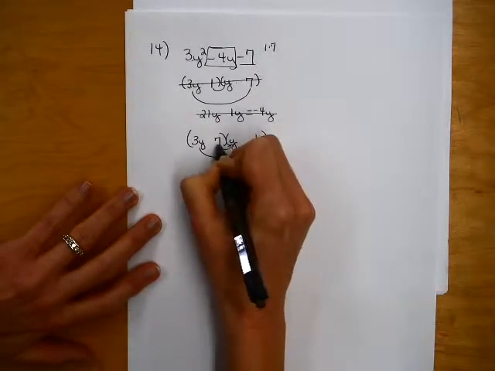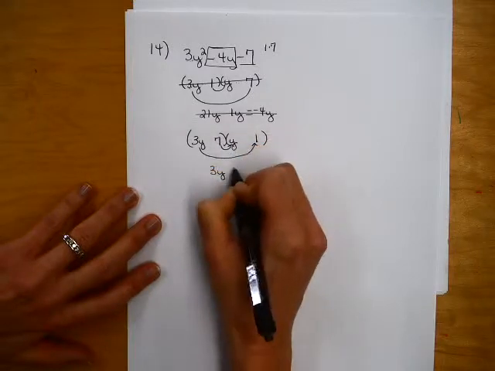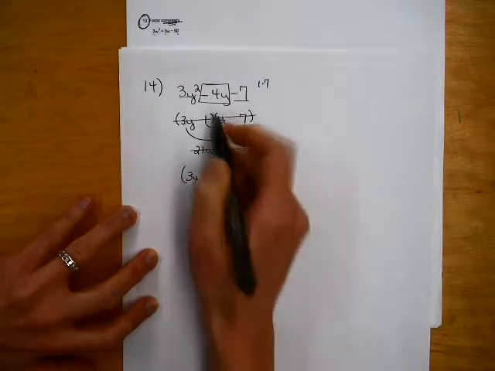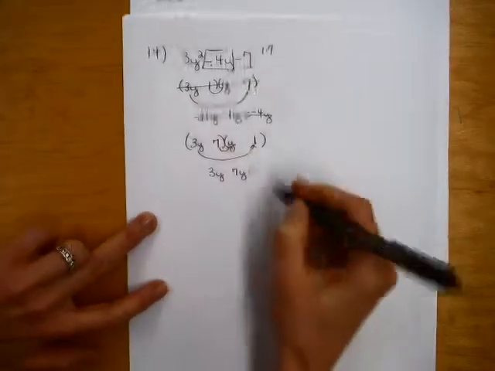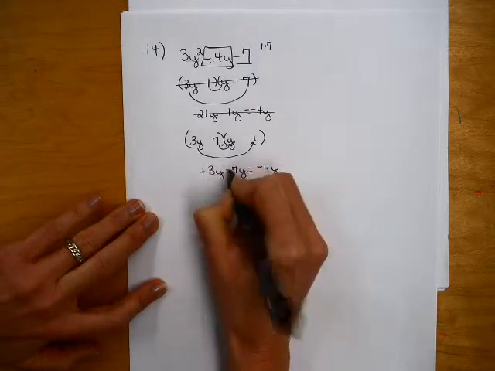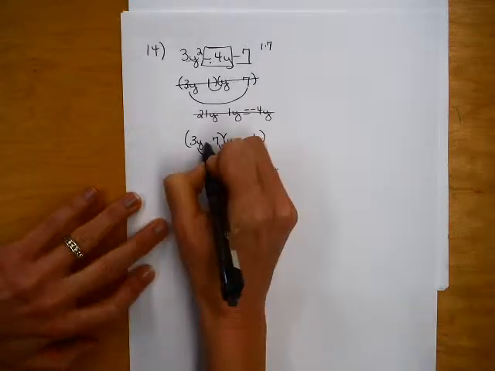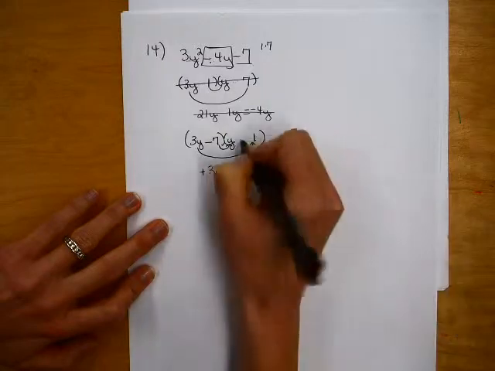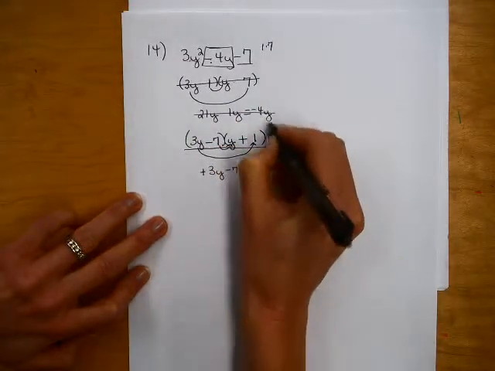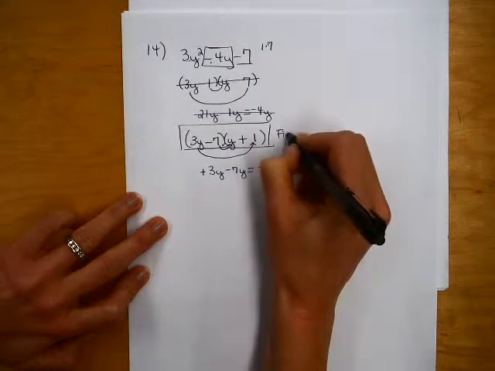If I do inner times inner, 7y times y is 7y. Can I subtract those and get this middle term, negative 4y? And the answer is yes, if I make the 3y positive and the 7y negative. So I know I need to put my minus sign in that one and my plus sign in this one. And so this would be the final answer.